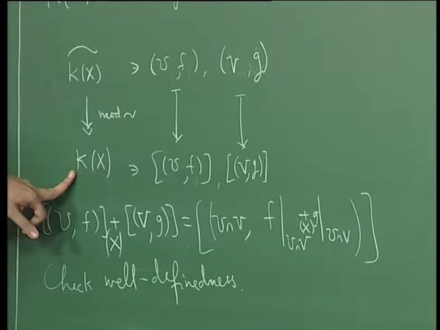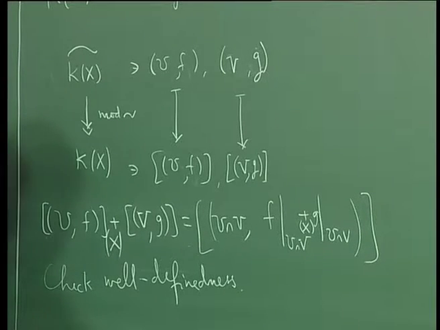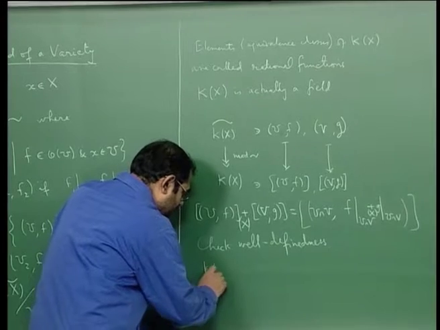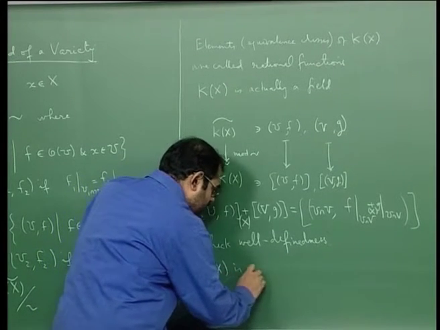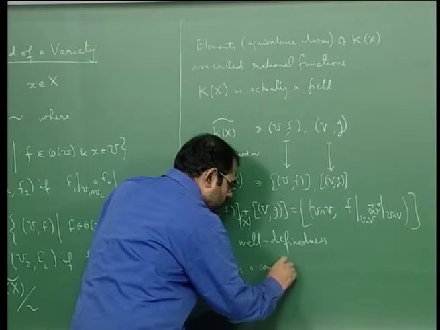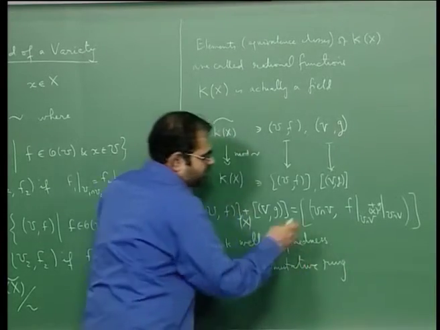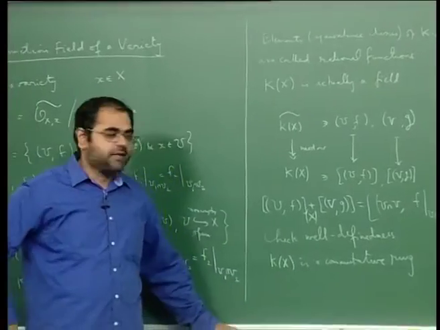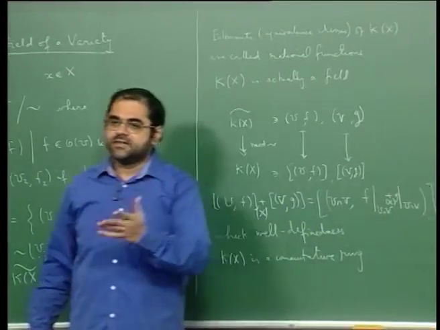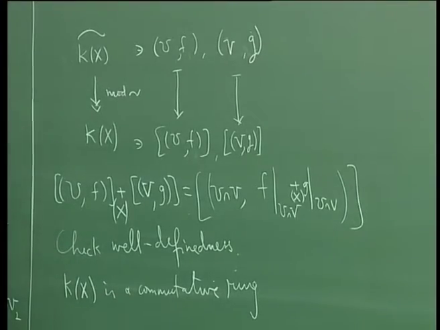In fact you will have that kx is a commutative ring. Of course it will be a commutative ring because addition and multiplication of functions is pointwise, and that is commutative because the functions are taking values in the base field k, which is commutative, alright.